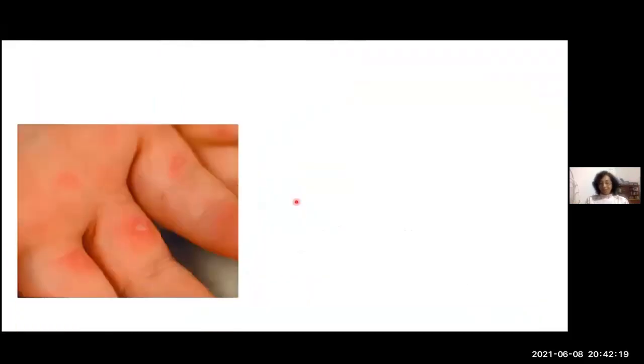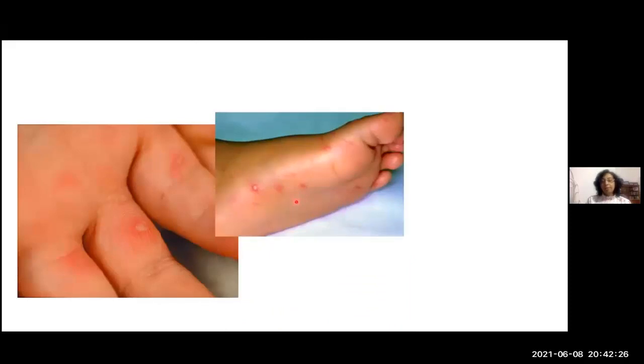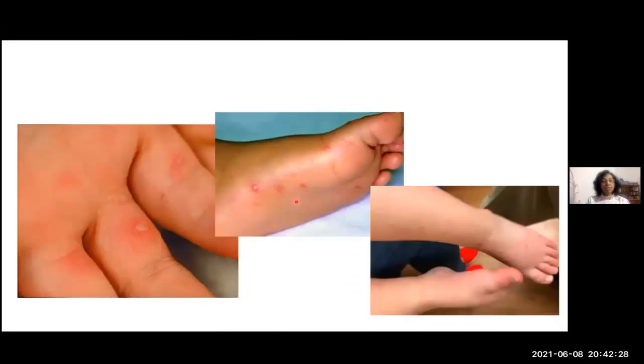Okay, right. So these are some pictures of a toddler. Have a look at these pictures. So you can see blisters, right, on the palm, on the soles, and some on the legs as well.